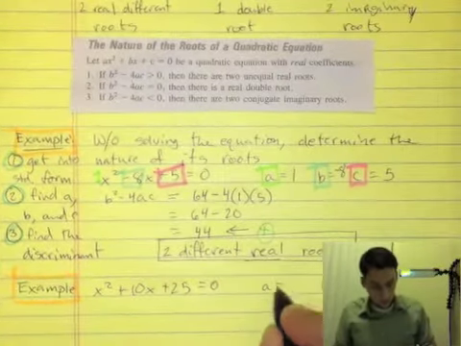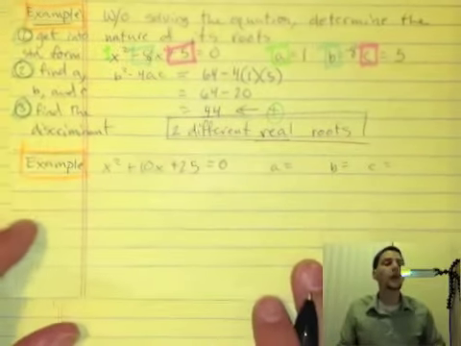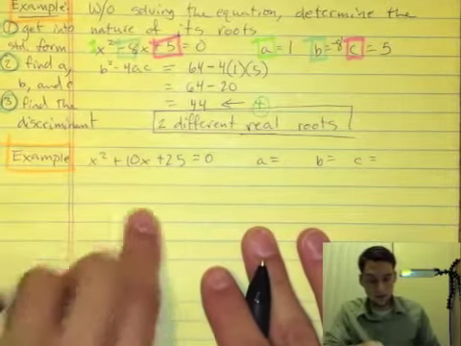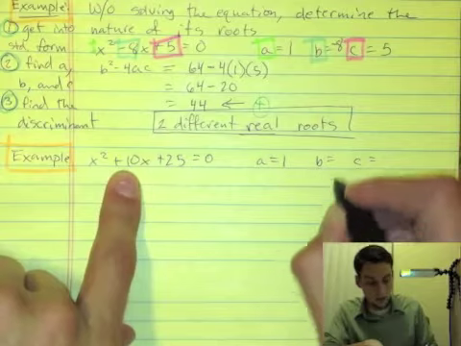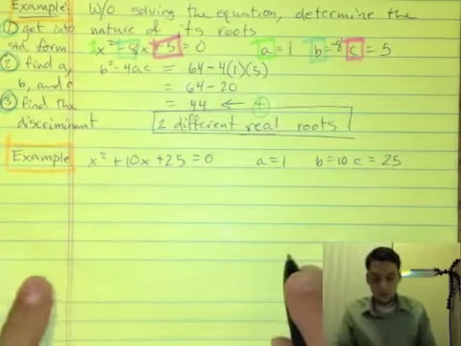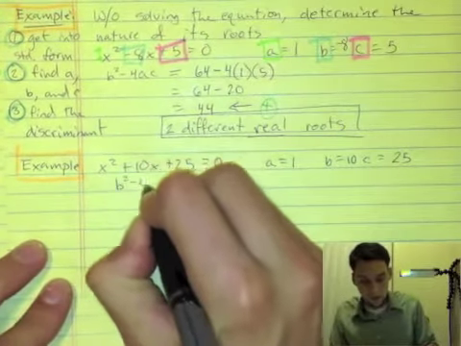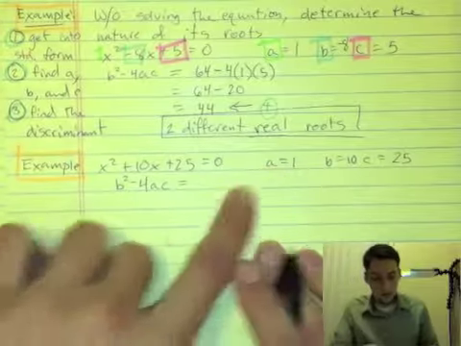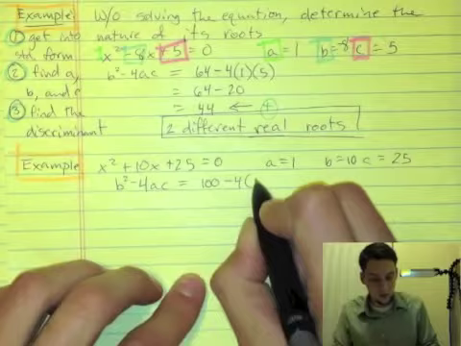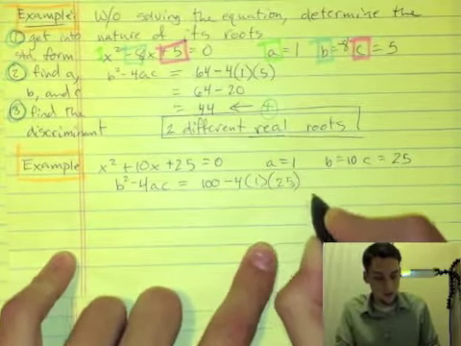So, if we're following step 1, get into standard form. We already did that. Or, we didn't do it, but it was already in standard form. Step 2 is find a, b, and c. A is 1, B is positive 10, C is positive 25. So now, step 3, find the discriminant. B squared minus 4AC. That will be 10 squared, which is 100, minus 4 times 1, because that's A, times C, which is 25.